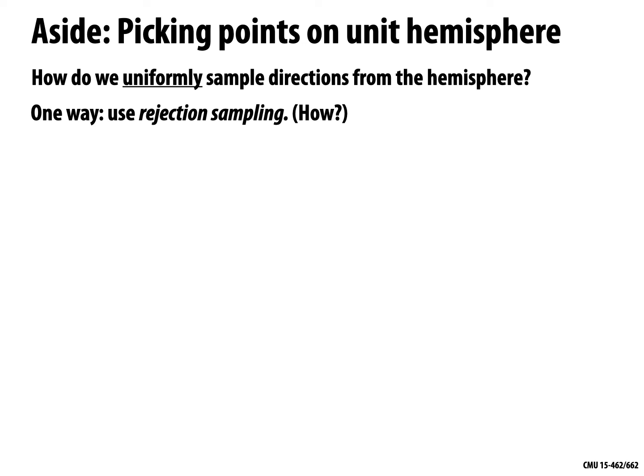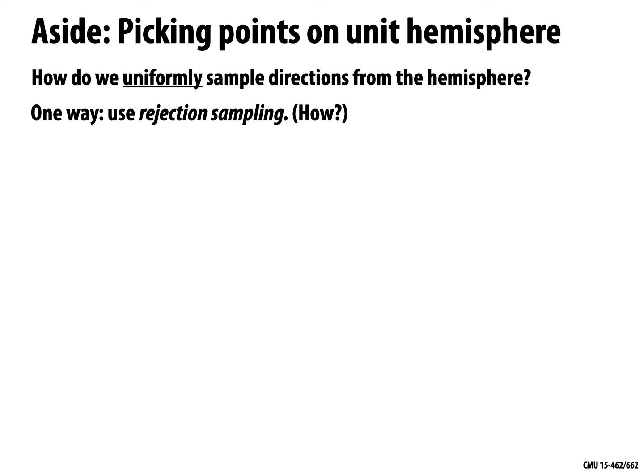Okay, so that gives us a really simple strategy for uniformly sampling points on the sphere. How then might we pick uniform samples on the hemisphere? Okay, easy enough. We just throw away samples that are below the plane and keep samples that are above the plane. Or if you wanted to be a little more efficient, you could sample from just the top half of the box before doing this rejection sampling.